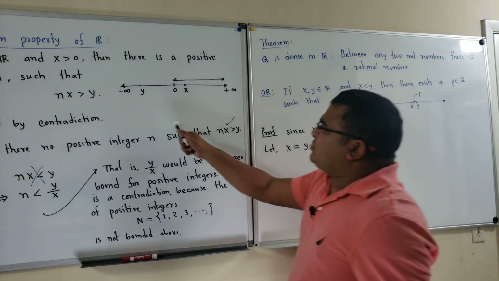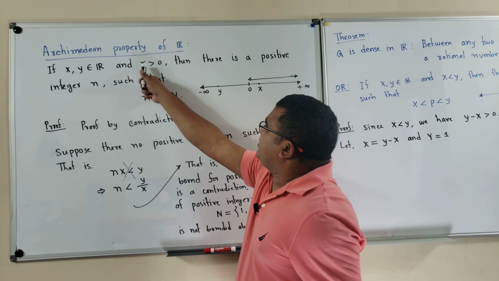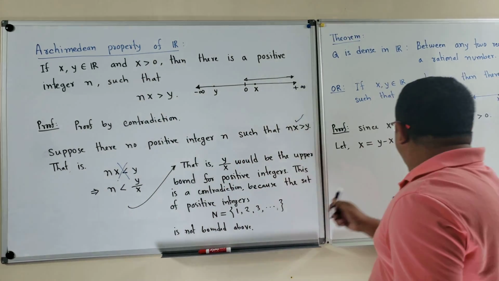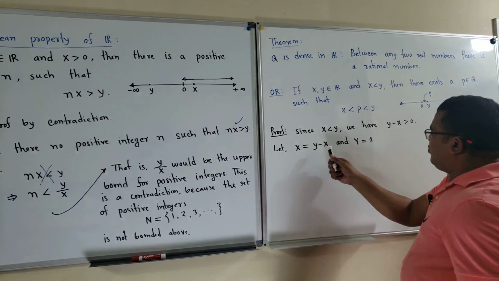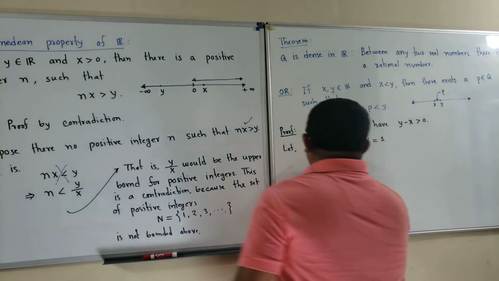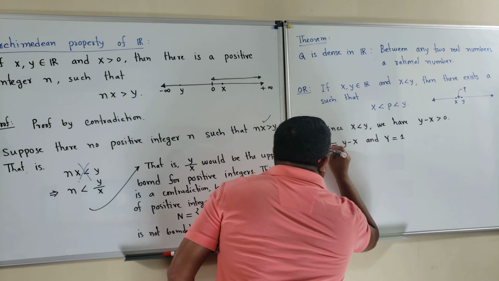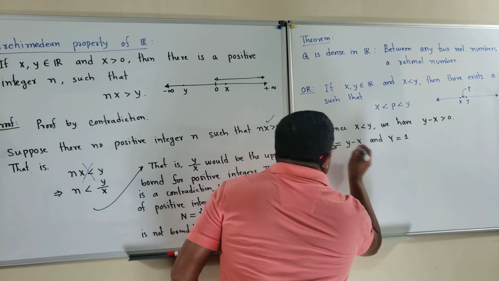So to apply this one, what we need is x more than 0, and here our x is more than 0. X is y minus x, this is more than 0.